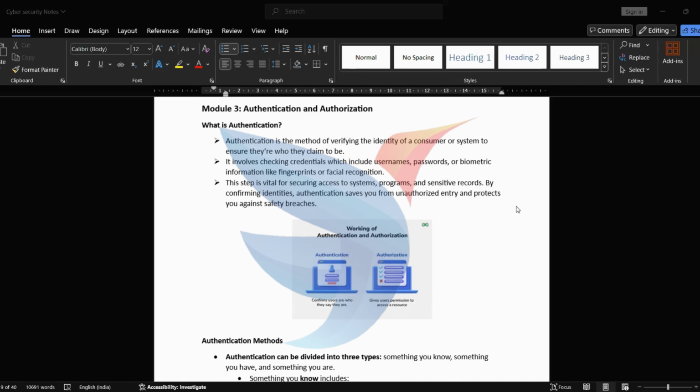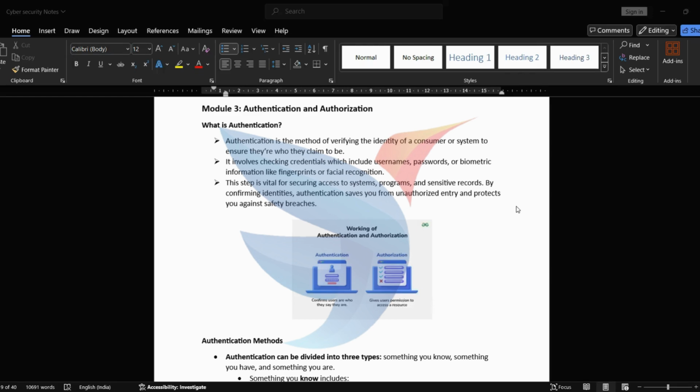Authentication is the method of verifying the identity of a consumer or system to ensure they are who they claim to be. It involves checking credentials, which include usernames, passwords, or biometric information like fingerprints or facial recognition.